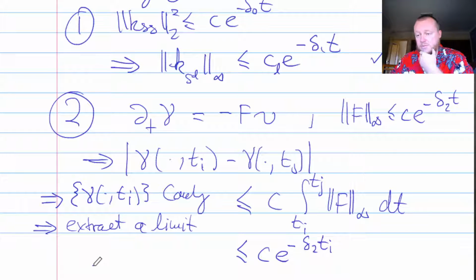We get a uniform estimate, of course, as well. And that means once we have a limit, the subsequence is arbitrary, the whole sequence is converging, and all the derivatives are converging as well because of our estimates here. And it's exponentially fast because that's the rate. So that's done.